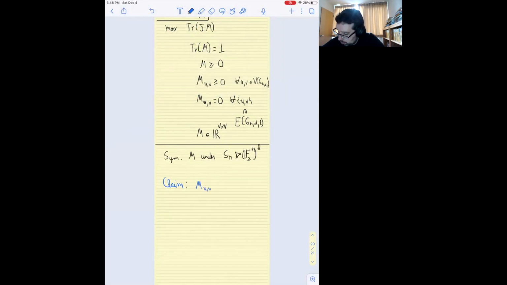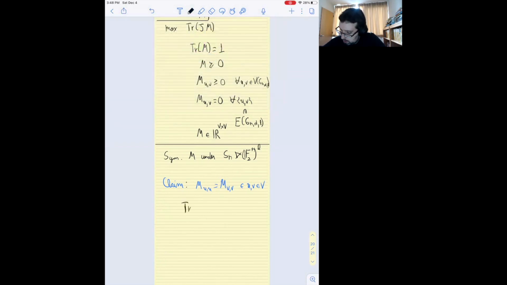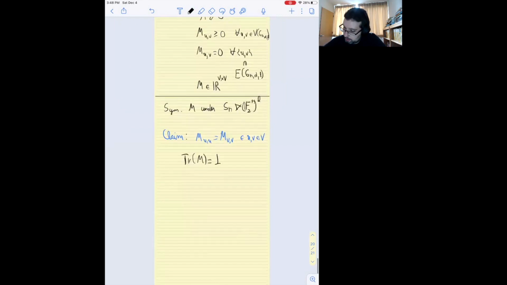So M_UU is equal to M_VV for every choice of vertices U and V that belong to the vertex set. From the constraint that the trace of M is equal to 1, it follows that M_UU is 1 over the number of vertices, which happens to be the number of L-tuples of binary vectors of length n. So this is precisely this for every diagonal entry.